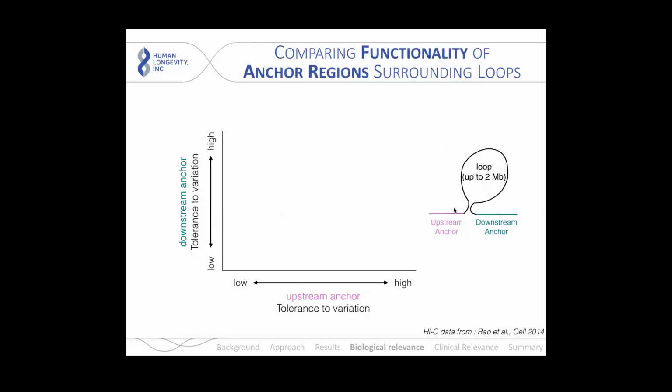We tested whether there was any coordination by looking at the functionality of the upstream and downstream anchor. We wanted to know whether, when the functionality of the upstream anchor is high, it is associated with another high functionality anchor, and so on.